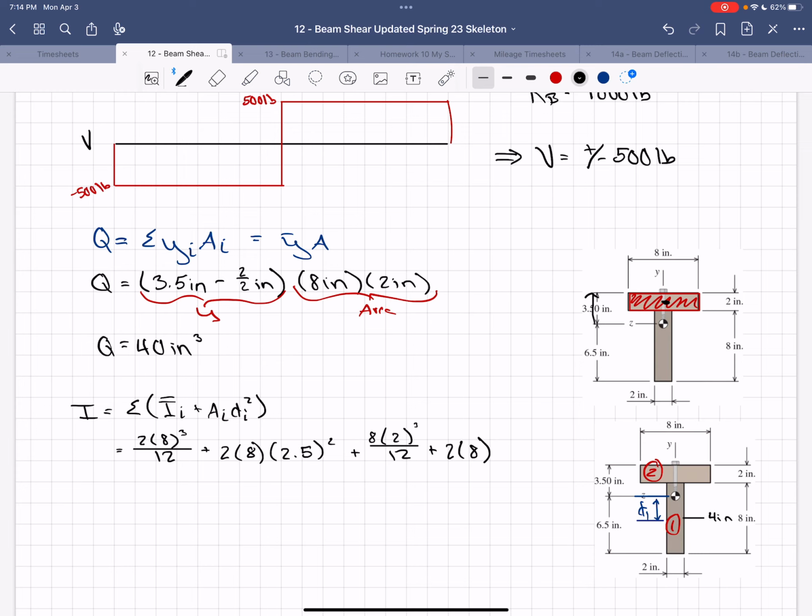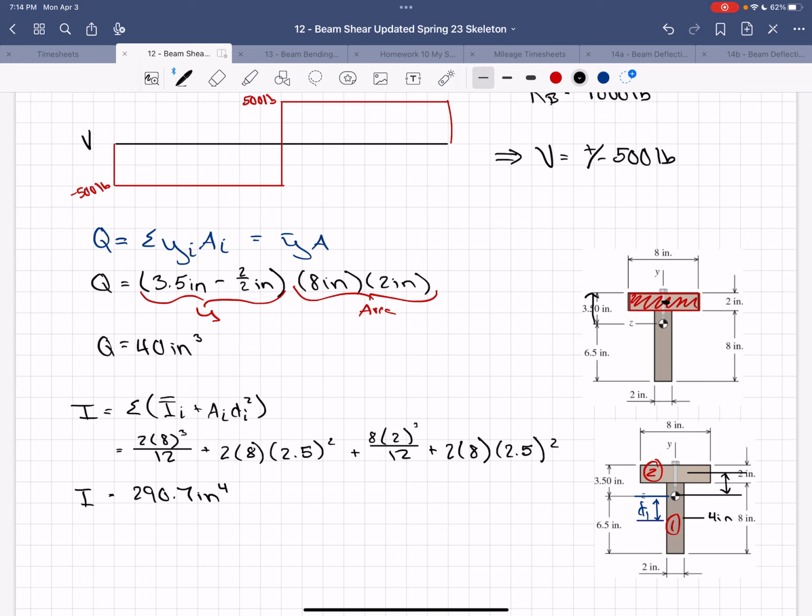Now we have the centroid here to the centroid here, which we calculated was y up above, so that's 2.5 squared. So we get I equals 290.7 inches to the 4th.